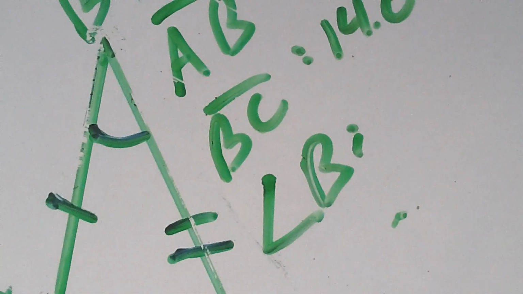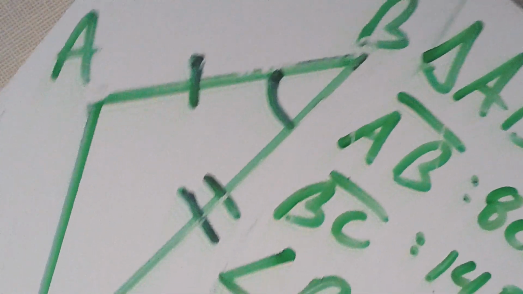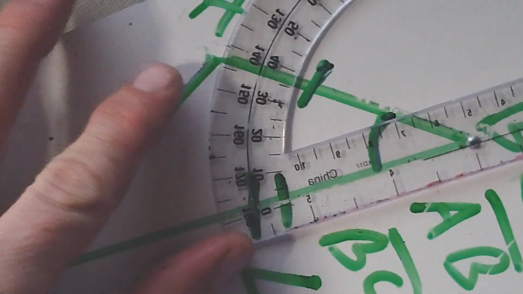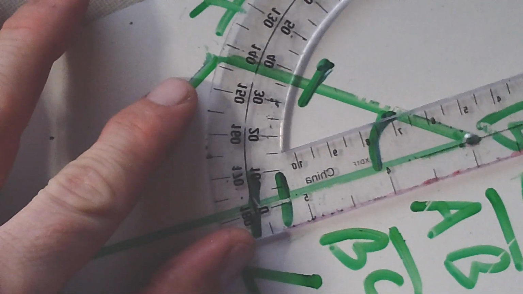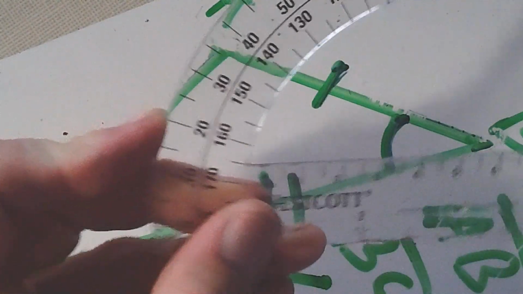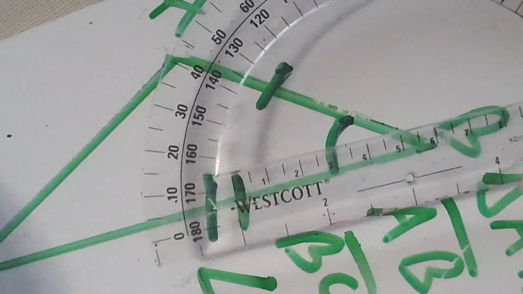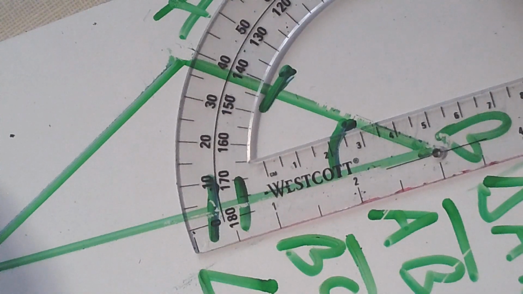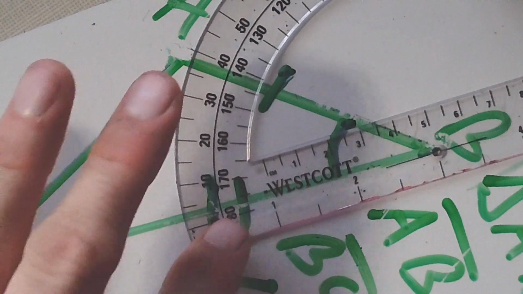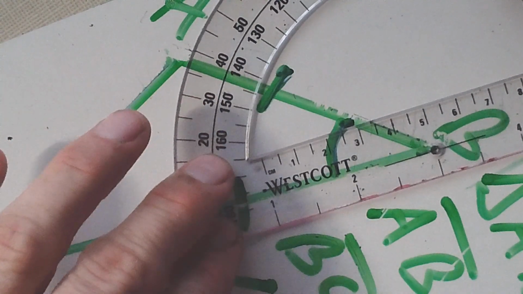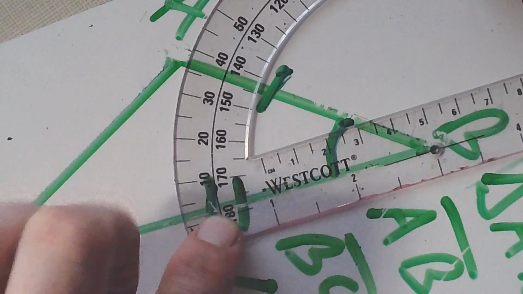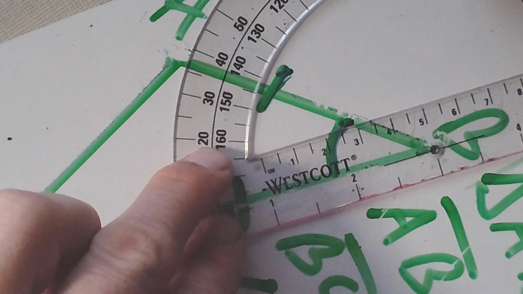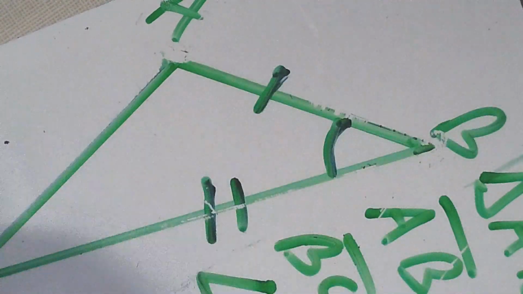And then angle B, I'm going to read the outside, is about 38 degrees.